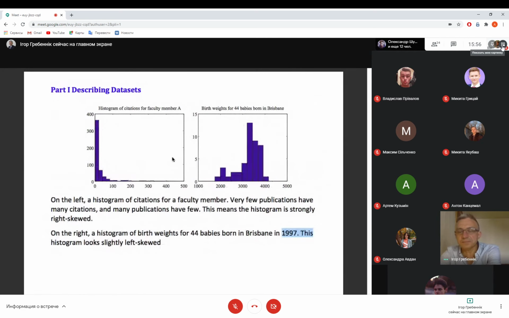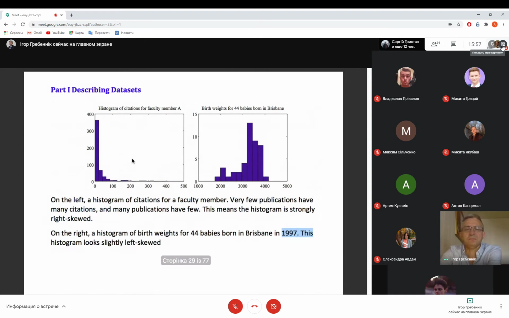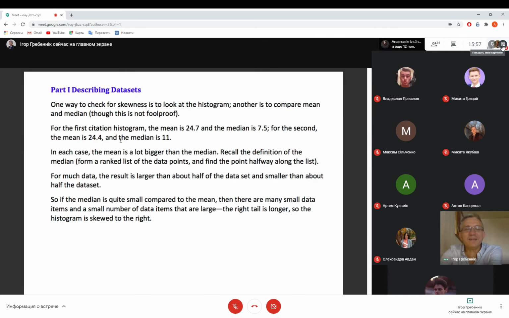In each case, the mean is a lot bigger than the median.